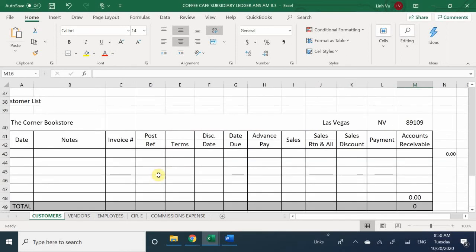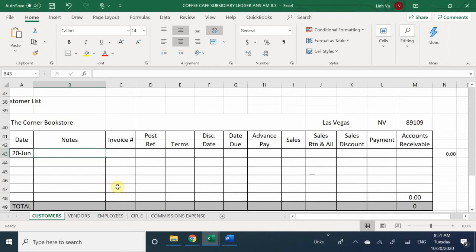All right, so page 2. What notes am I going to place here? Check number received.